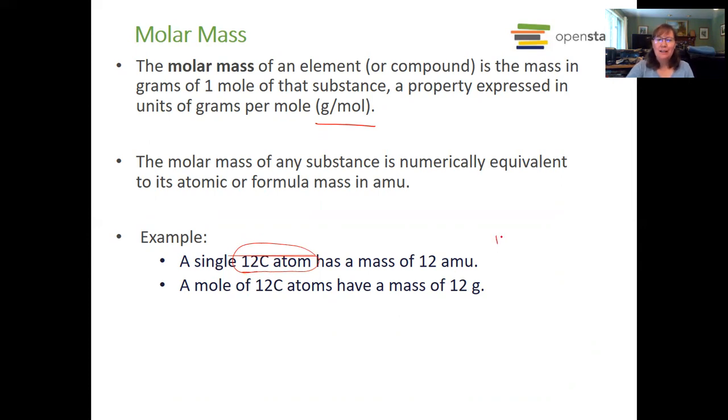This should read carbon 12. The formatting just got lost here. That 12 out front is the mass number. So a single carbon 12 atom has 12 atomic mass units, and a mole of carbon 12 atoms has a mass of 12 grams. So they're just the same.